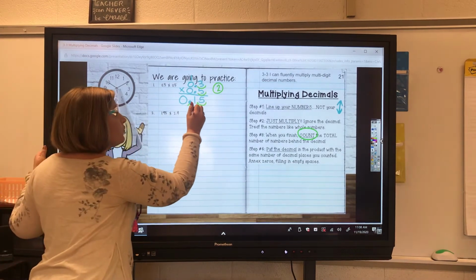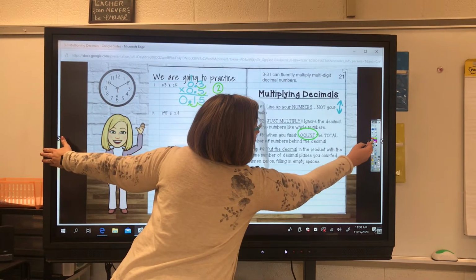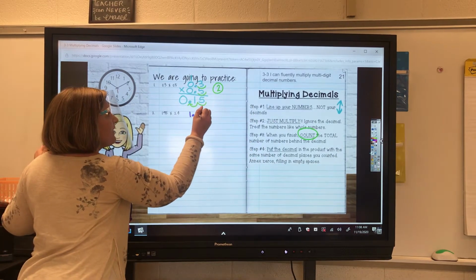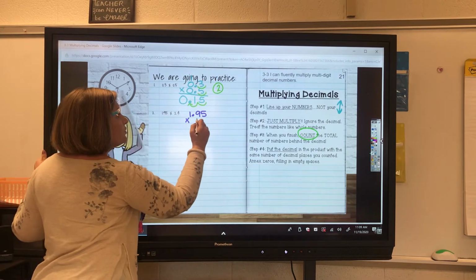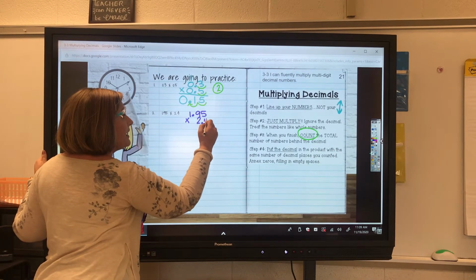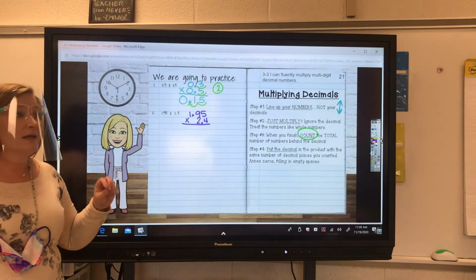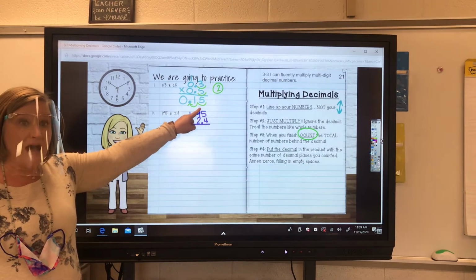So I'm going to put 1 and 95 hundredths on the top, times. I'm going to line up my numbers. Because I only have 2 digits in the second number, my 4 is going to be underneath my 5.